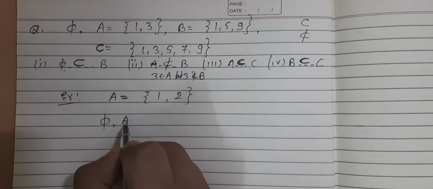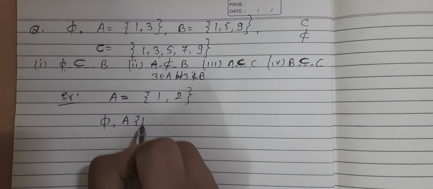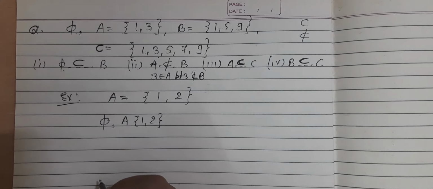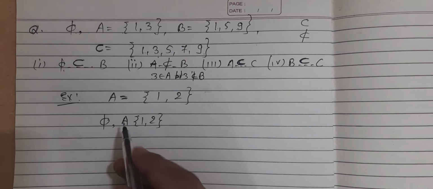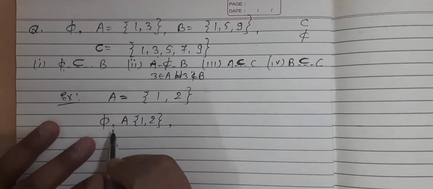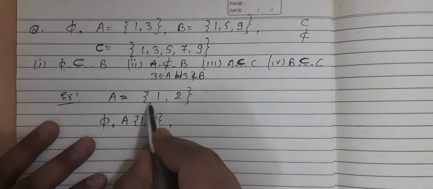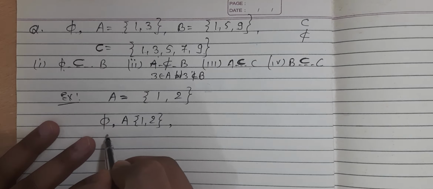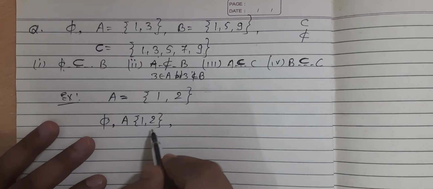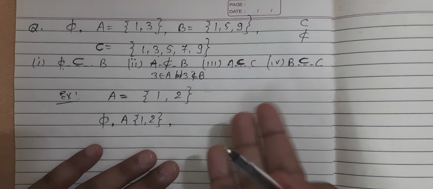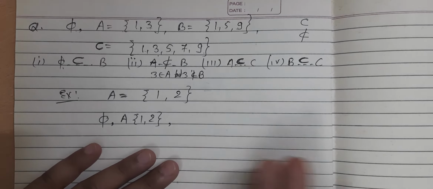If you want, you can write A, or instead of writing A, you can write this whole set, 1, 2. So in the list of subsets of this set A, first we'll include phi and the set itself. And then we'll write elements individually.